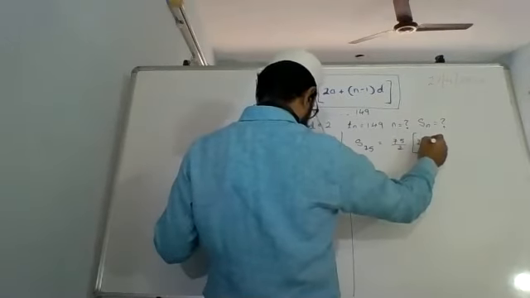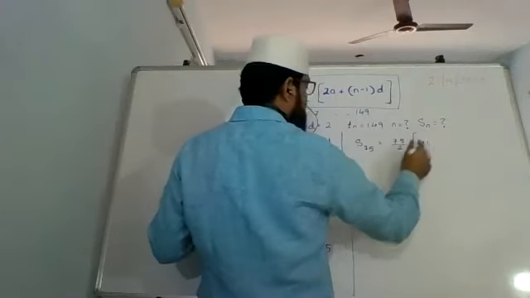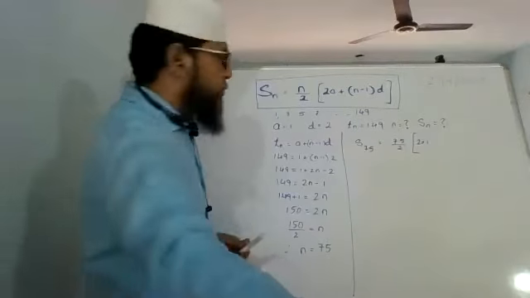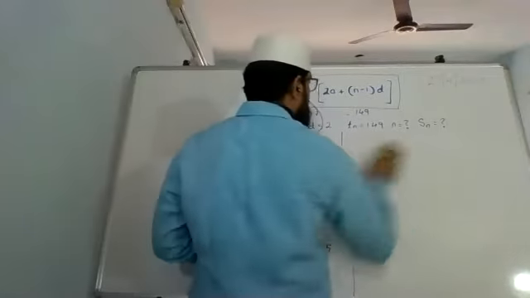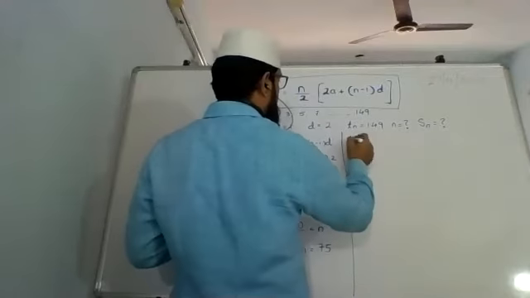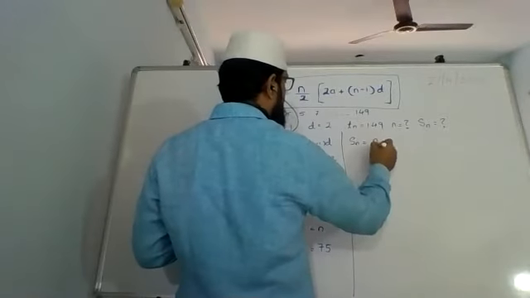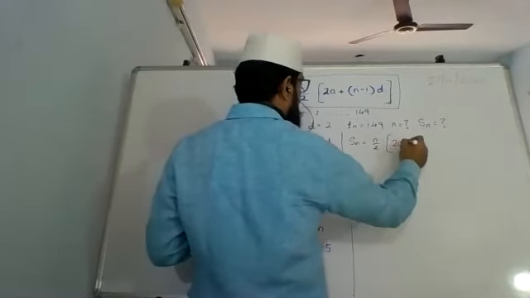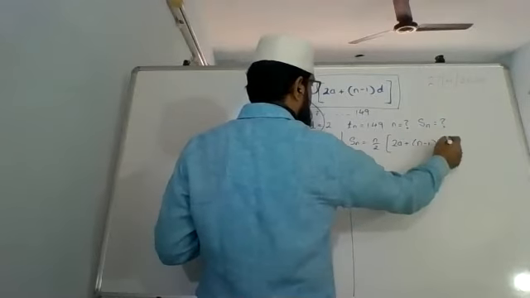In fact, first you will write down the formula. Sn equals n upon 2 into bracket 2a plus n minus 1 d.